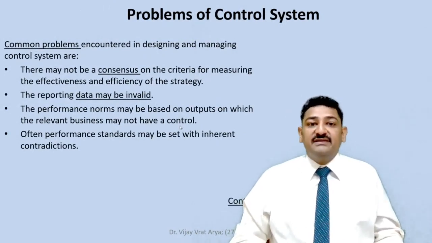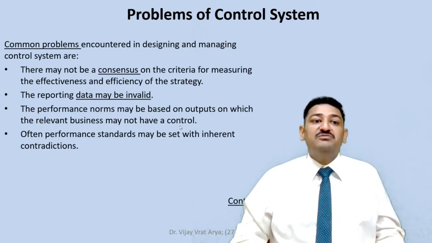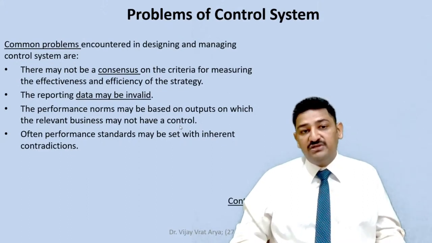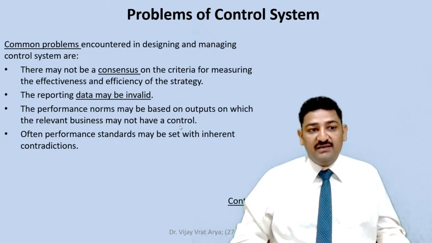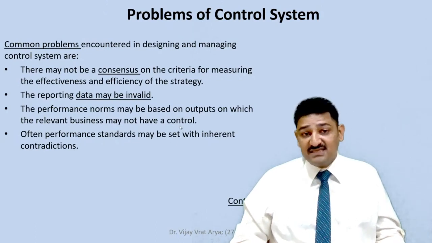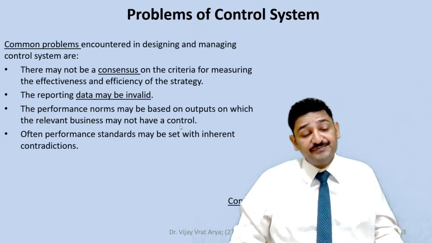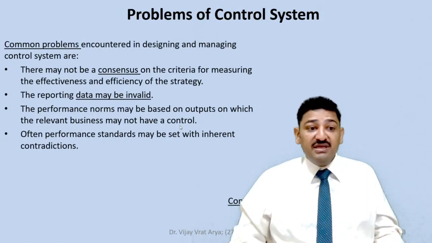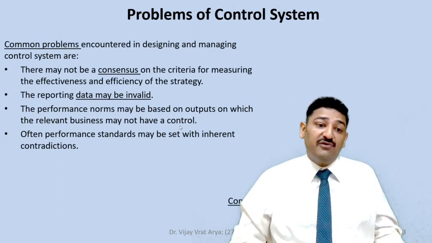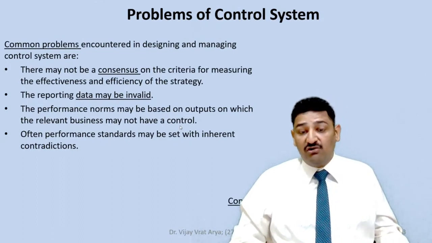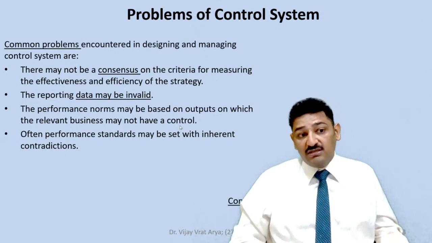Now, there are certain problems of the control system that one needs to address too. The common problems encountered in designing and managing a control system are, very commonly, that there may not be a consensus on the criteria for measuring the effectiveness and efficiency of the strategy. The reporting data may not be valid. The performance norms may be based on outputs over which the relevant business may not have control.